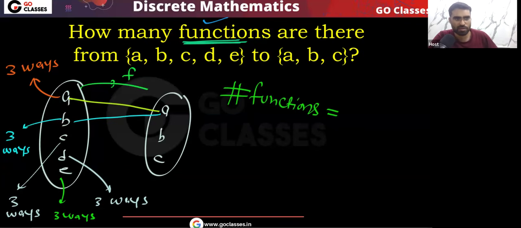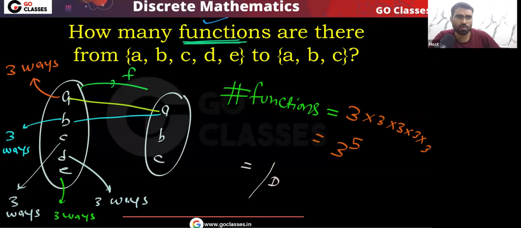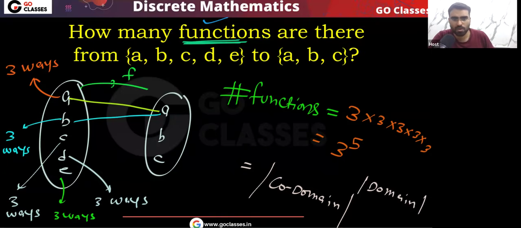You can see three choices for this, three for this, and so on. So, finally, it will be 3 into 3 into 3 into 3 into 3. That will be 3 power 5. That is same as domain, codomain cardinality. Again, you can see codomain cardinality, power domain cardinality. Okay. Yes or no? Now let's move on.